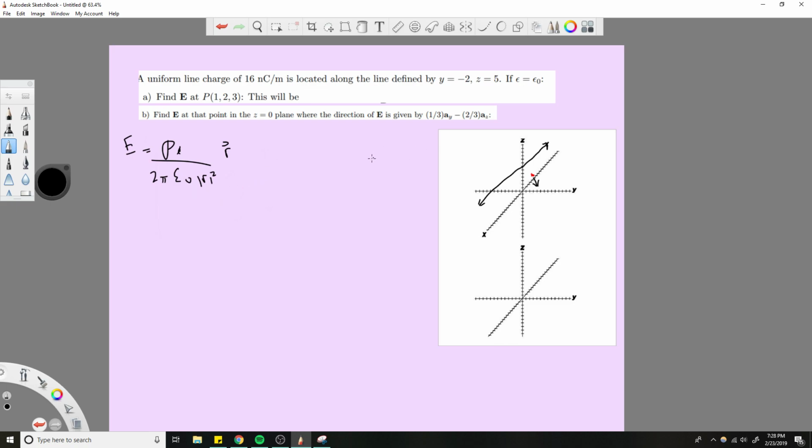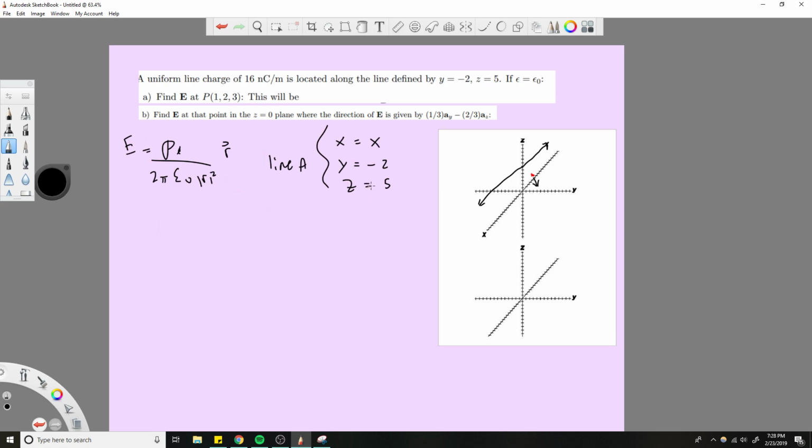So the first thing we should do is make a solid definition of what our line is. We'll call it line A, and it has the parameters x equal to any value, y must equal -2, and z must equal 5. As you could tell, y and z are set.